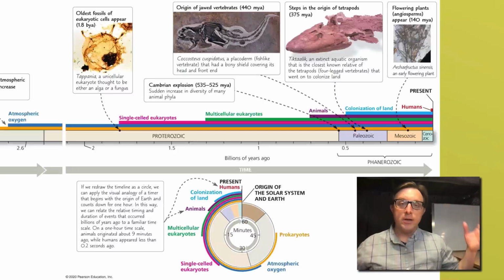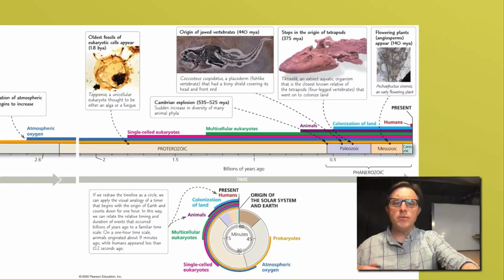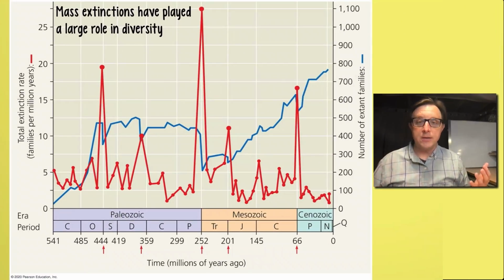Some of the events that occurred during the history of life that are very important are not only, as shown here, the appearance of new forms, but also the mass extinction events. The red line here on the graph shows the extinction rate. And we see marked out there the five major mass extinctions that have occurred through Earth's history.